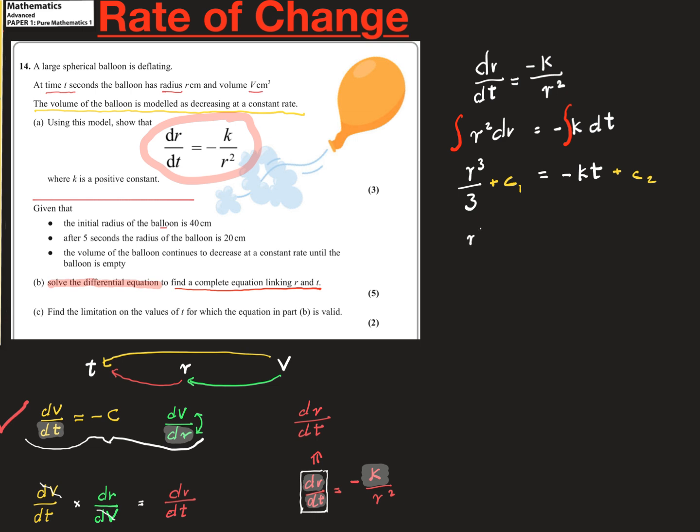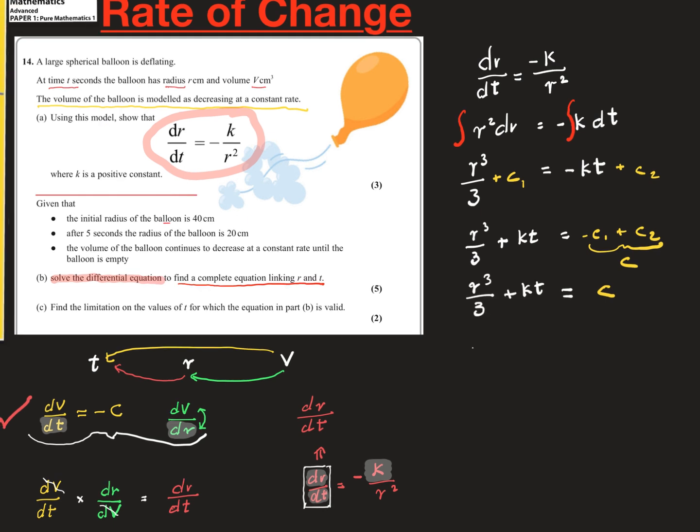And this becomes r cubed over 3 plus kt. And I could write the other constants on the other side as c, because c1 plus c2 is really just another constant c. Don't get put off by the fact that I didn't write minus c over here. I can do that. That'll be just a c.